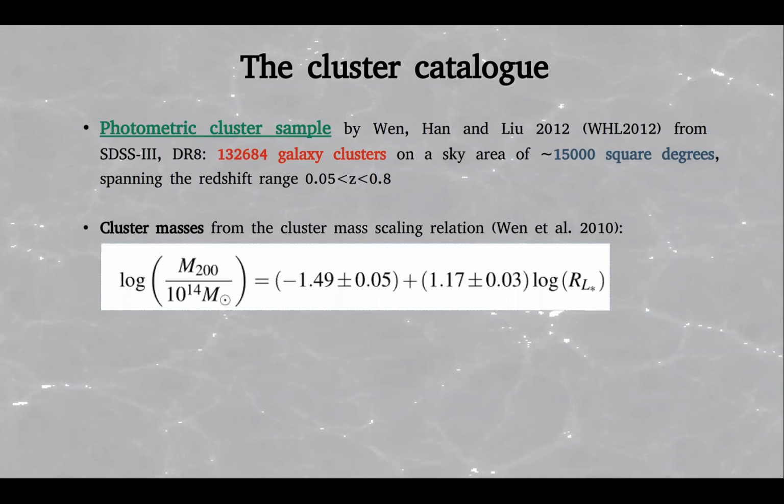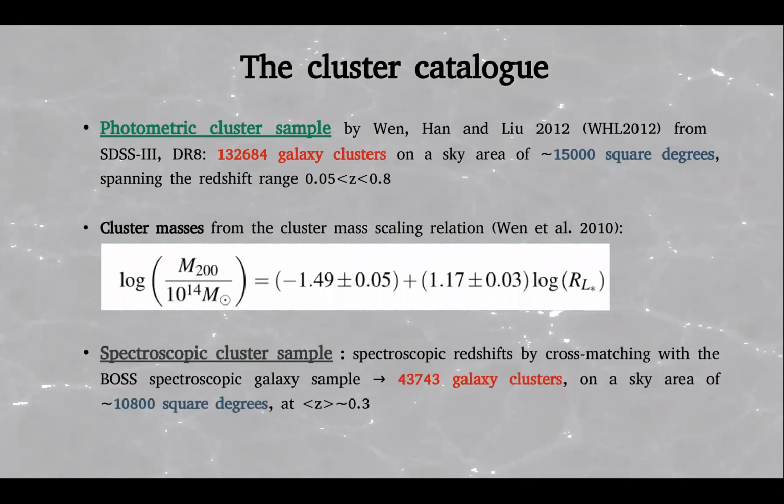The same authors in 2010 estimated the scaling relation using a different set of data. And so we have this relation between richness, which is something that we can measure, and the masses. And from this catalog, we sub-selected a spectroscopic cluster sample, which is particularly important for this kind of redshift-space distortion analysis, because we want to have very small redshift errors.